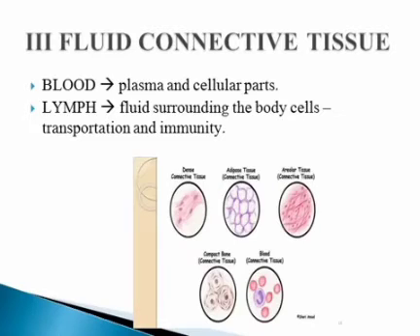So the main function of blood and lymph is transportation and immunity. Here I have given the pictures of adipose tissue, areolar tissue, compact bone connective tissue, and blood connective tissue, all the subcategories of connective tissues.